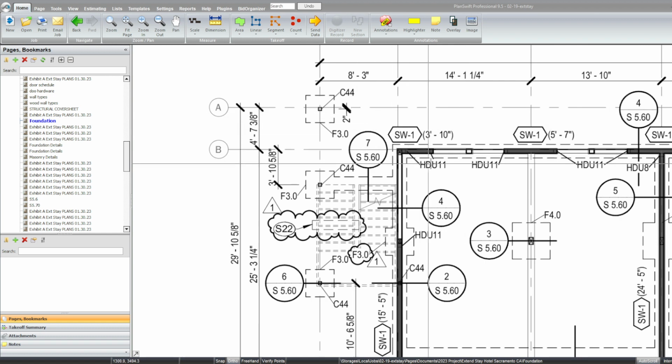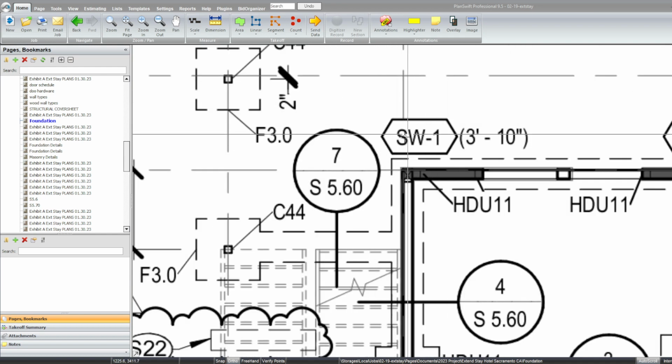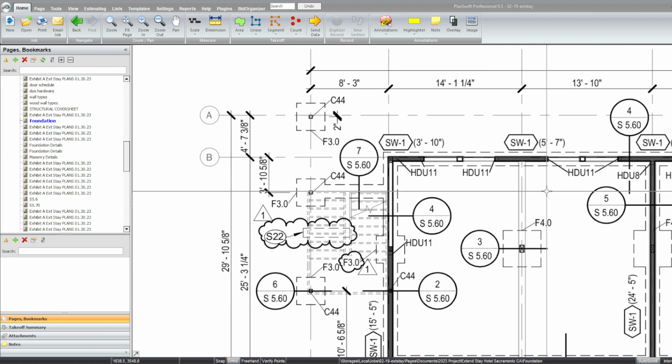All right. SW, we will have a notification or the shear wall callout. The shear walls help to reinforce our rough framing.